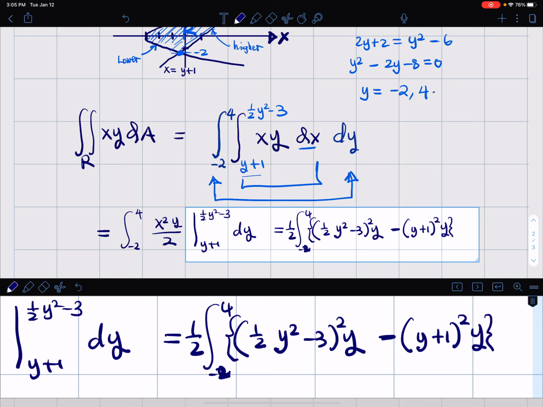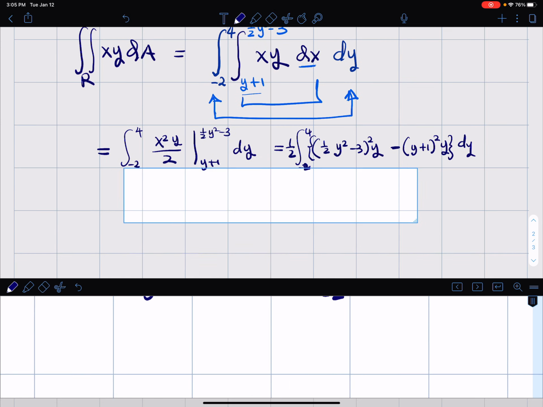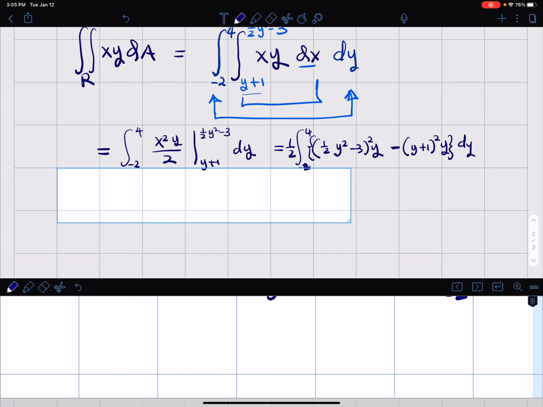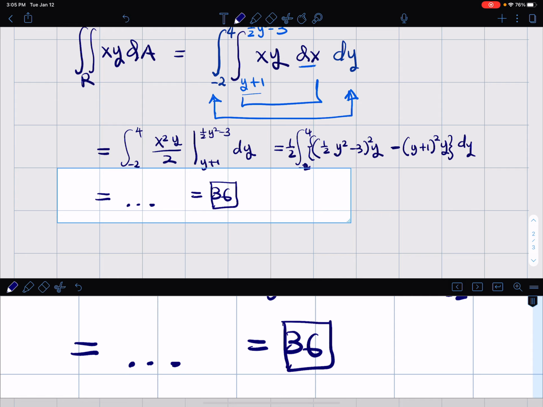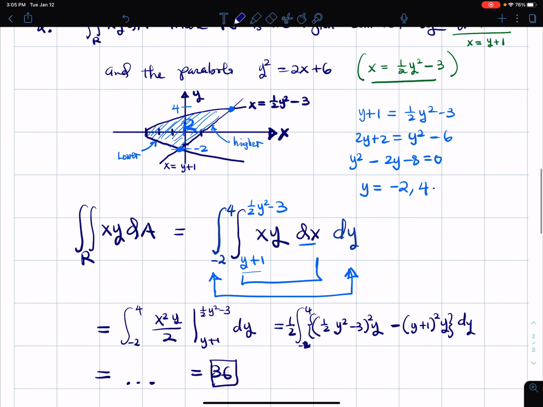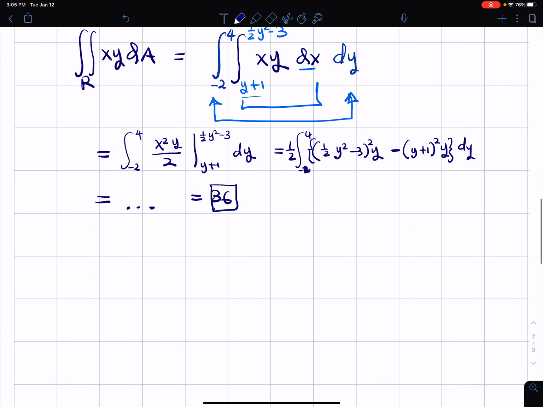It's not going to be trivial algebra, but you see what I'm doing? You just keep simplifying that. I think the answer I got is 36. I want you to try it and tell me that my answer is right, okay? So that is 2 problems that we've done so far.